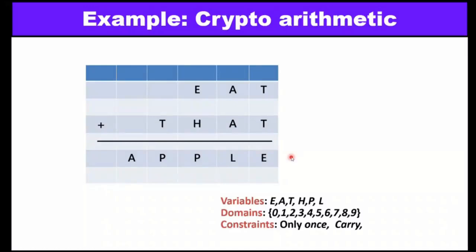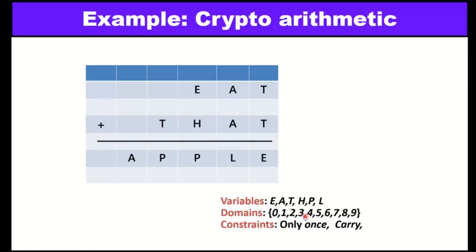Now in this problem, whenever we are performing addition, each number can be there only once and there will be carry. So there are two constraints at a time. Now whatever letters are used in that particular problem, they are variables. Each letter is considered one time.